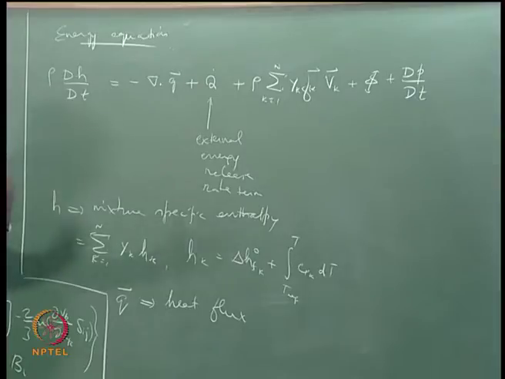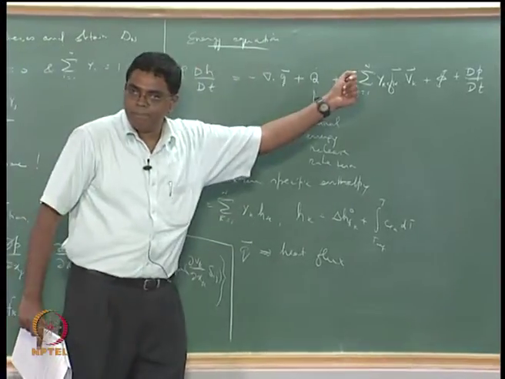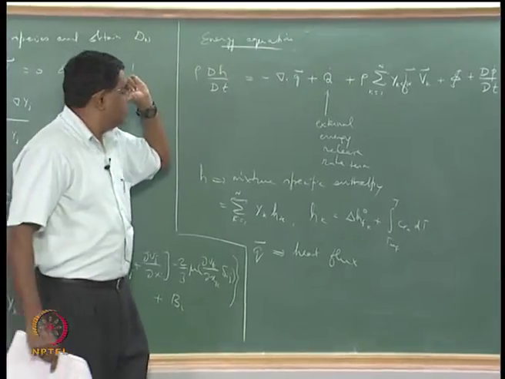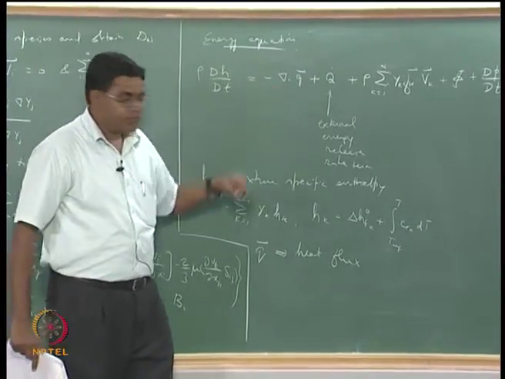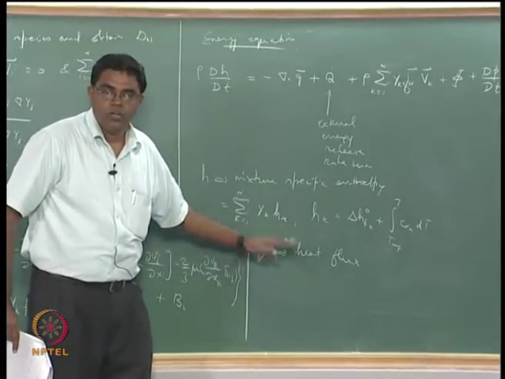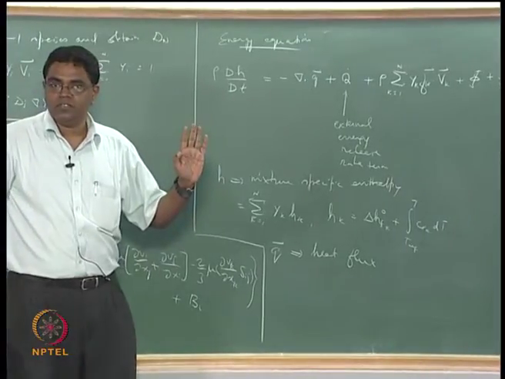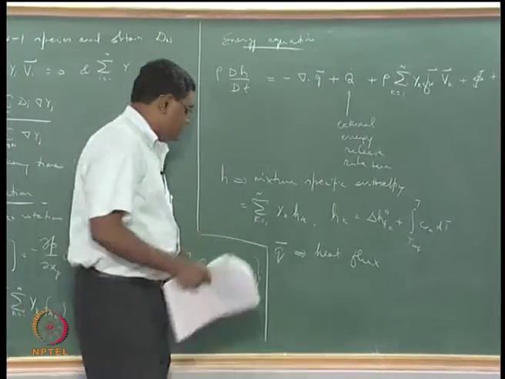Things are happening as they are happening; you are looking at what's happening per instant, per unit time. And this is heat flux, which means what's happening per unit time per square meter, per unit area. So what is this heat flux?